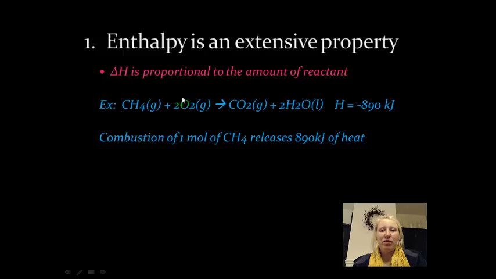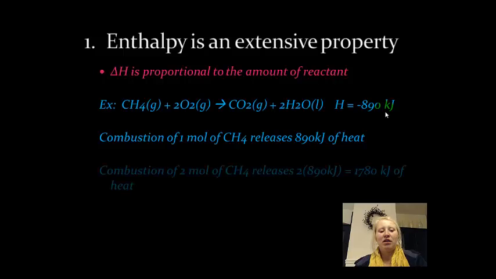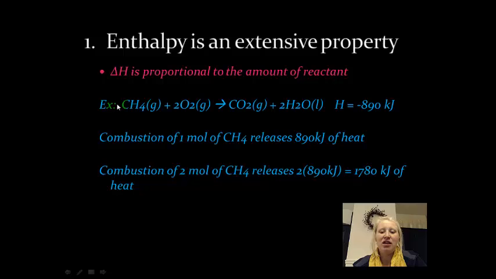So to burn 1 mole of methane, you release negative 890 kilojoules of heat, or enthalpy. If you were to do 2 moles of methane, you're going to double the amount of heat that you release. So you multiply 2 by negative 890, and you release negative 1,780 kilojoules of heat.